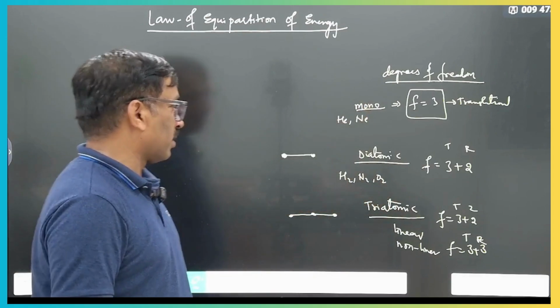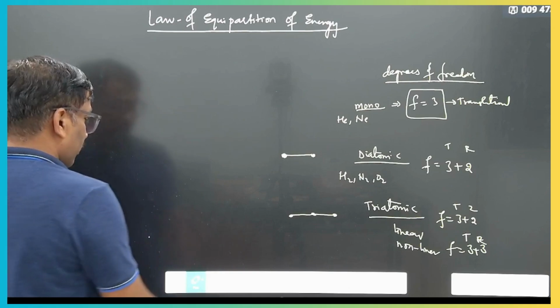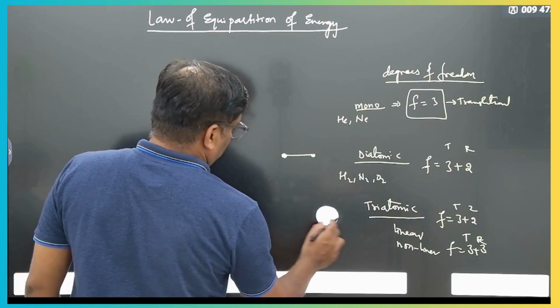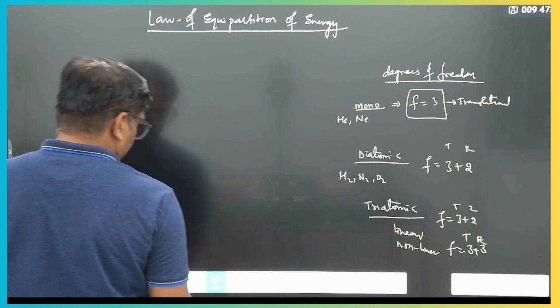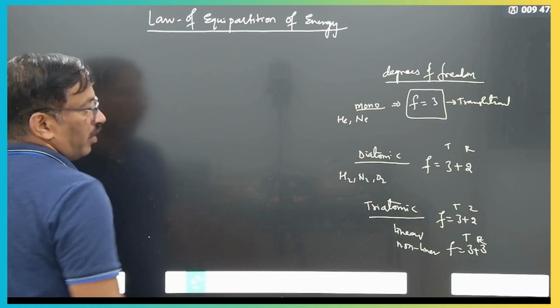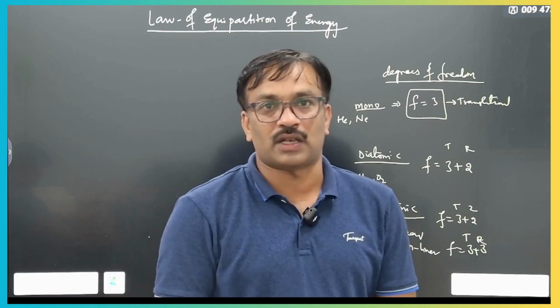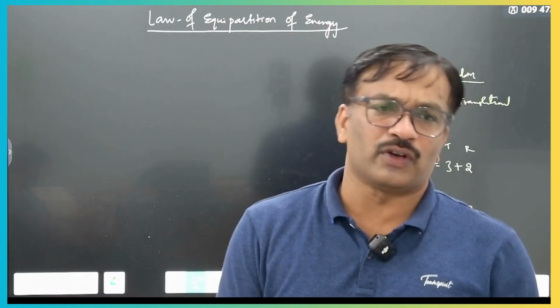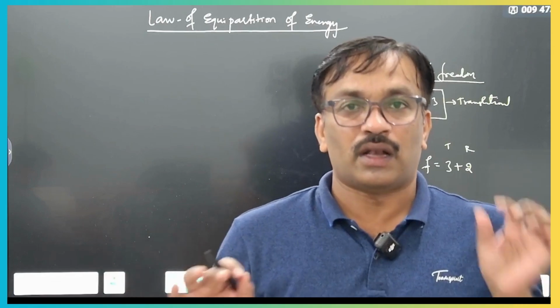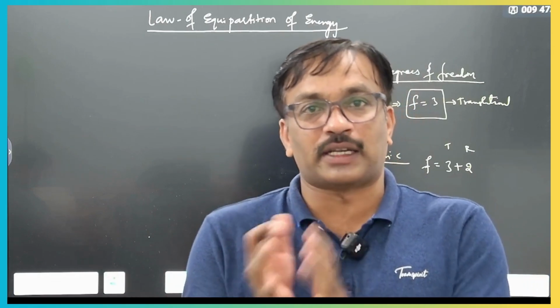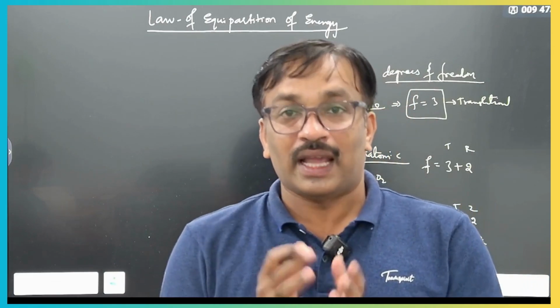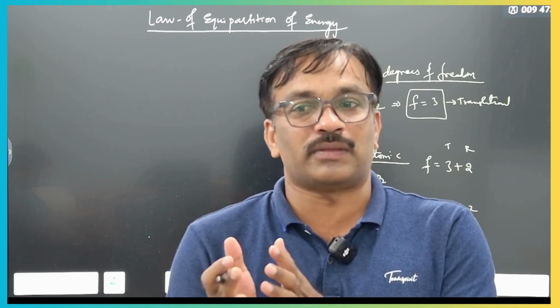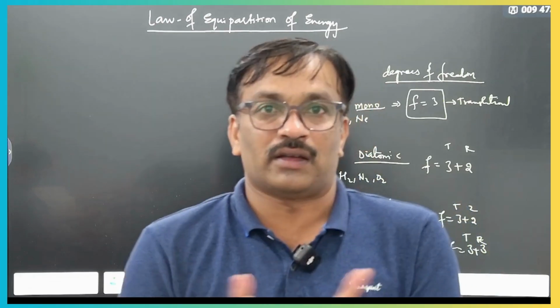Monoatomic, diatomic. Okay. Why did we study this? To study this, we require the law of equipartition of energy. What is the law of equipartition of energy? If you don't know, just read the statement. Equipartition means equally divided; partition means dividing.